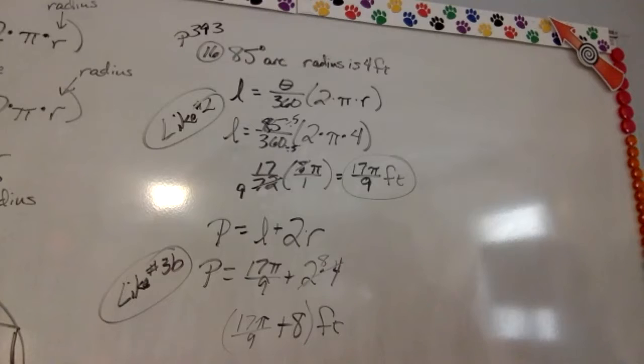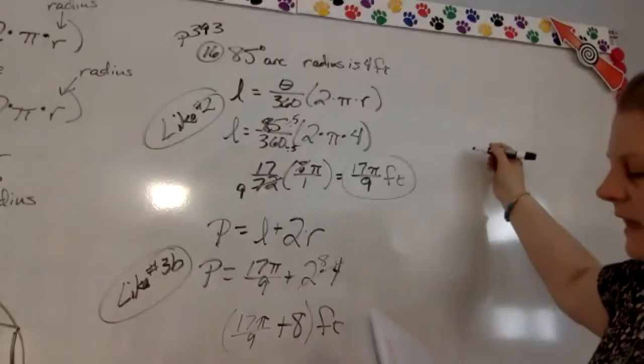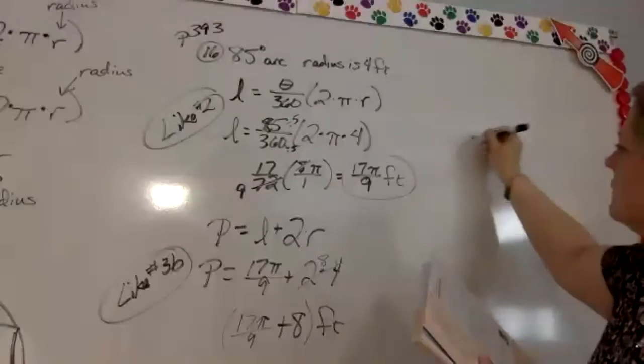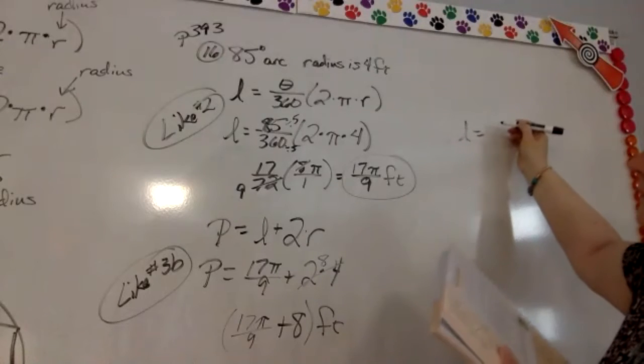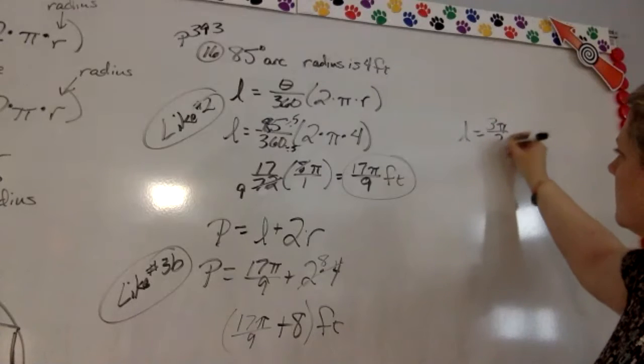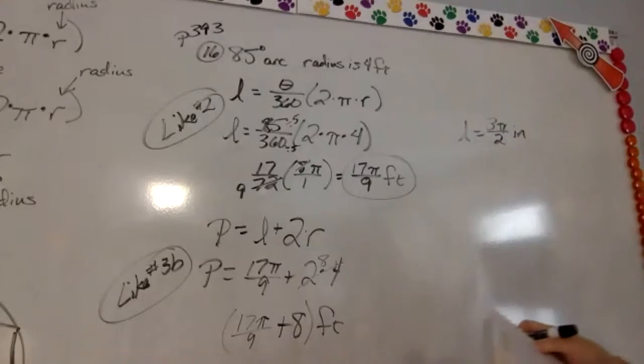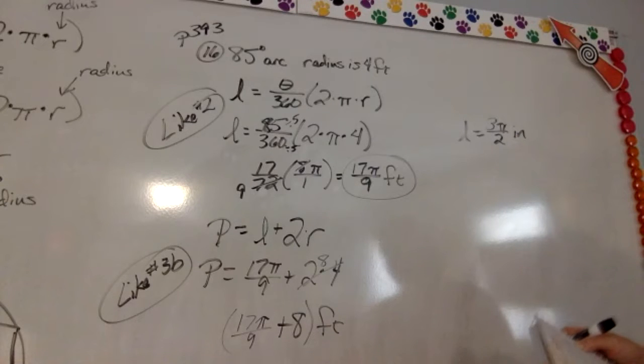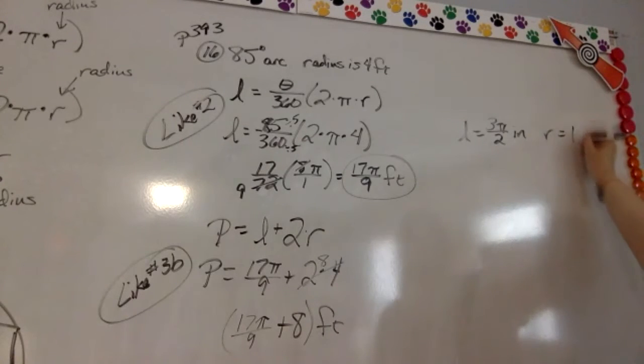So let's say our arc length is 3 pi over 2 inches, and the radius was 1 inch.